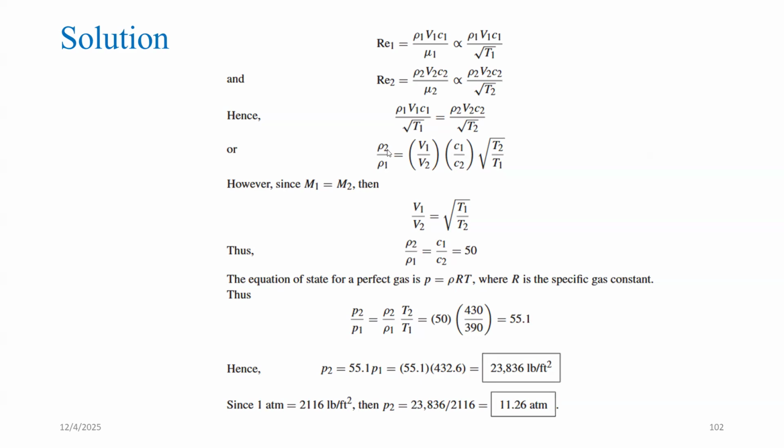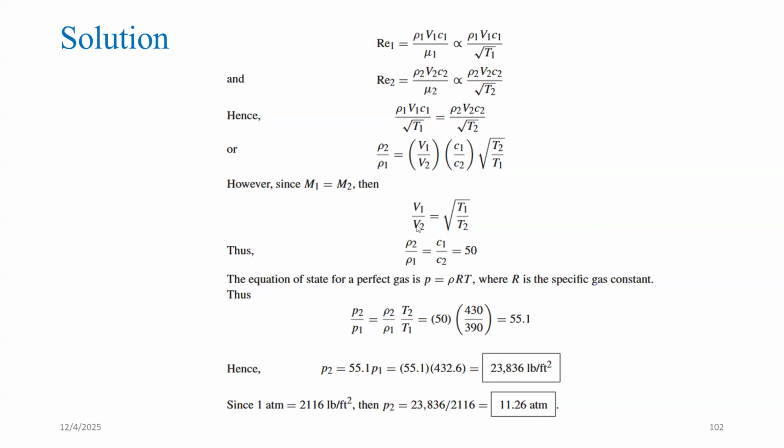The density of the second body over the density of the first body is equal to V1 over V2 times C1 over C2 times radical of T2 over T1. C is the chord, okay? So finally, we can find the density ratio of the two bodies.